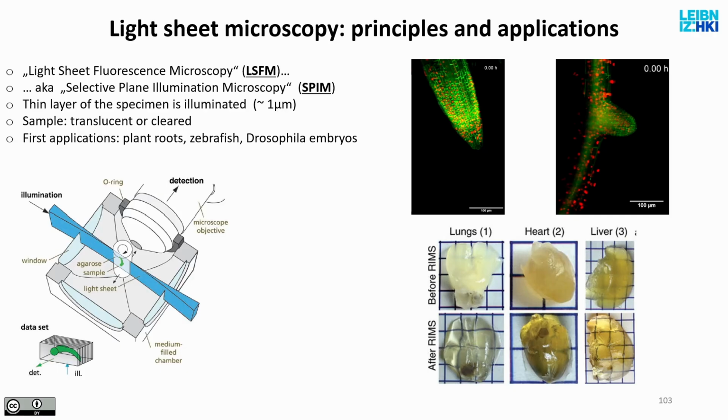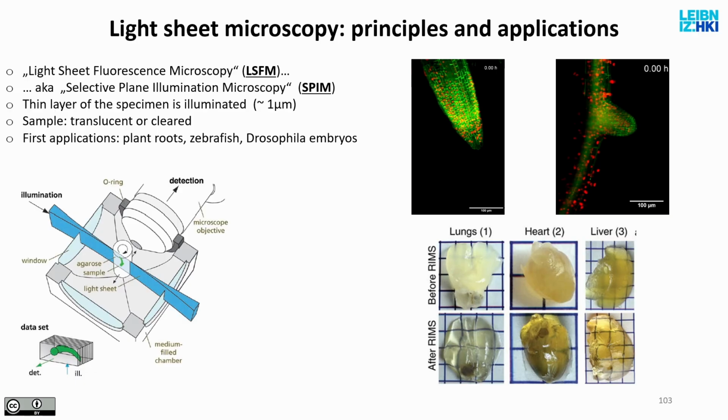Or, instead of illuminating one pinhole's worth of light spot or 1,000 pinholes' worth of light spots, I illuminate a whole sheet of light, a whole plane, called light sheet microscopy. I generate a light beam, which is not a line, but rather a two-dimensional sheet.